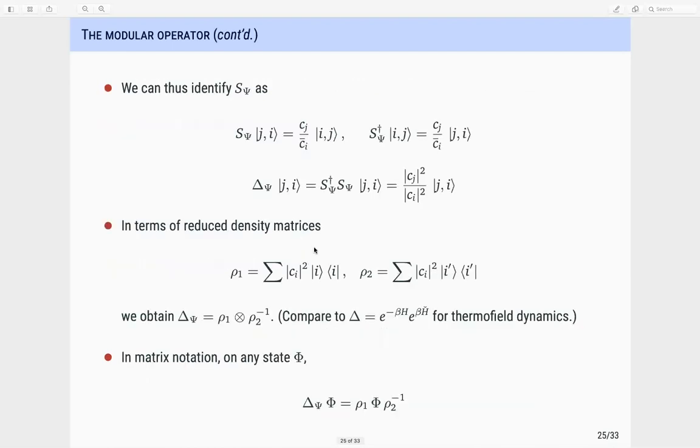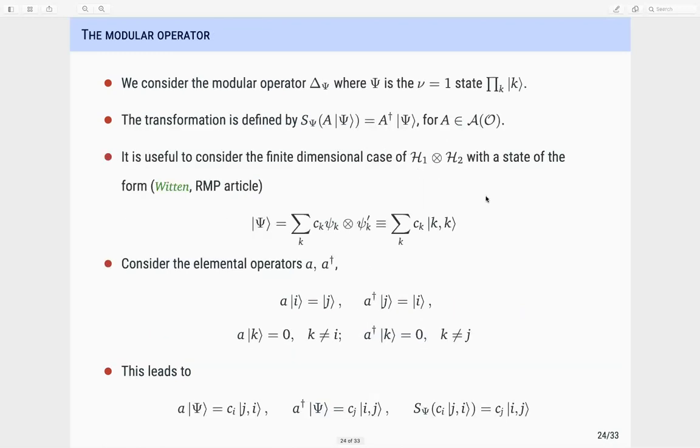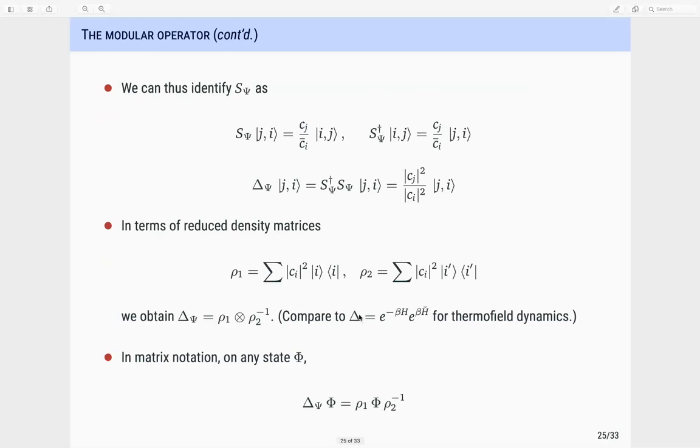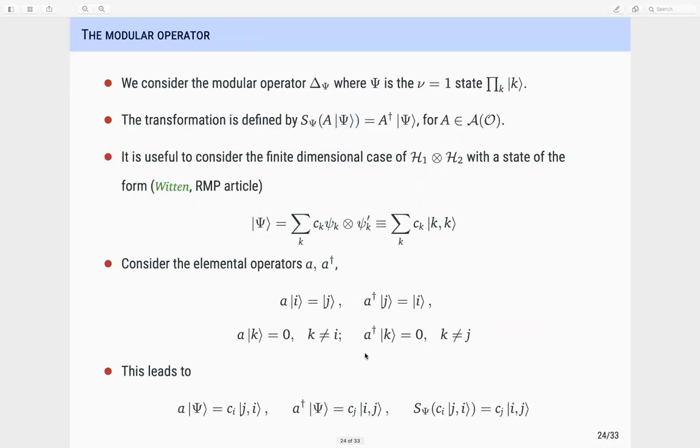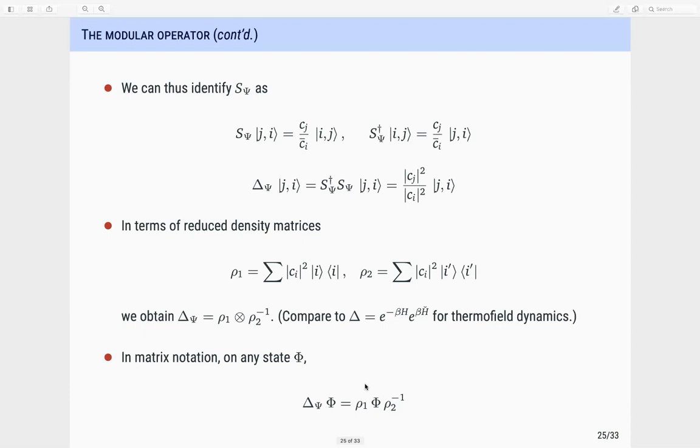These reduced density matrices correspond to what you might call A_O and A_O prime. And then delta is related to rho 1 times rho 2 inverse in the split form of the Hilbert space here. If I consider a general state phi, then delta, which depends on the starting state psi, acts on it, and I can write it in this form. That's a conclusion of Witten's analysis. I will not go through that in detail.